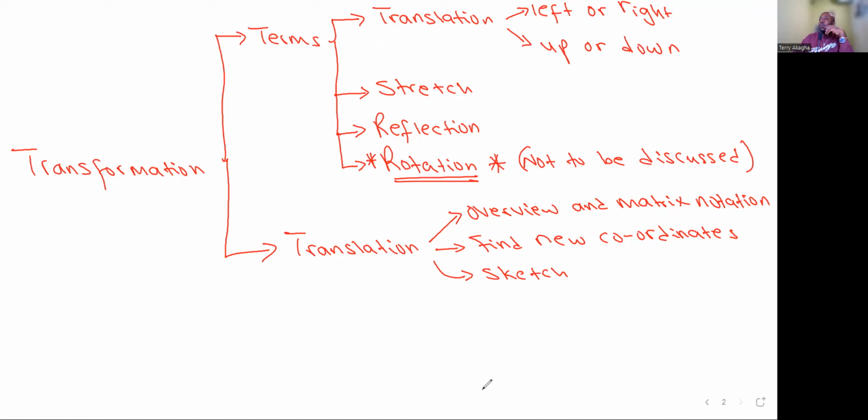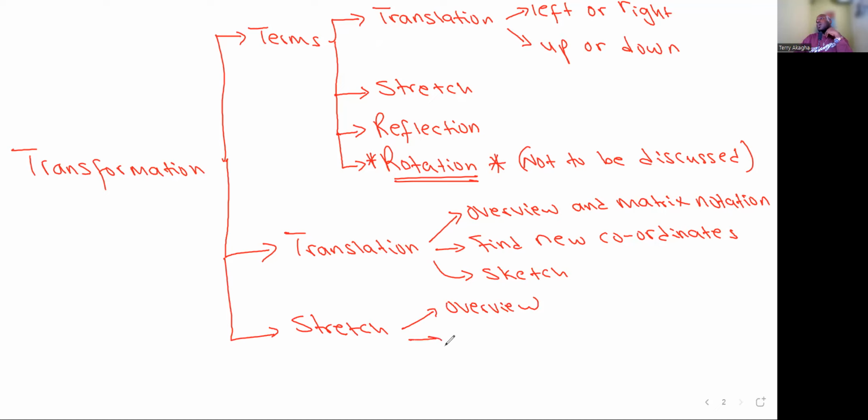So now when we're done with this, the next part is that I'm going to quickly go to stretching. What do you mean to stretch? How do you stretch it? The same thing for stretching. I'm going to still do the same principle. I'll quickly give you an overview of stretching.